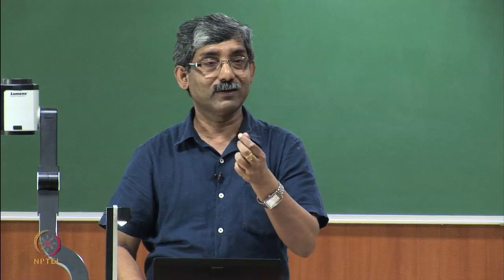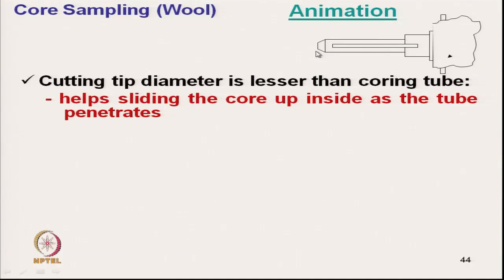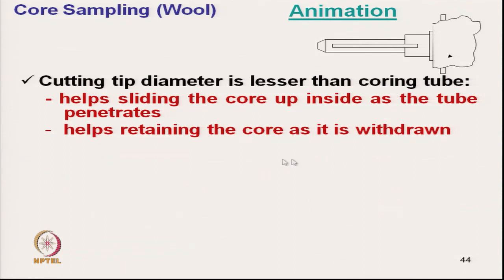The core diameter is equal to the cutting tip diameter, so it easily penetrates inside the coring tube. That is why this diameter is smaller. Another advantage is that it helps retain the core as it is withdrawn.